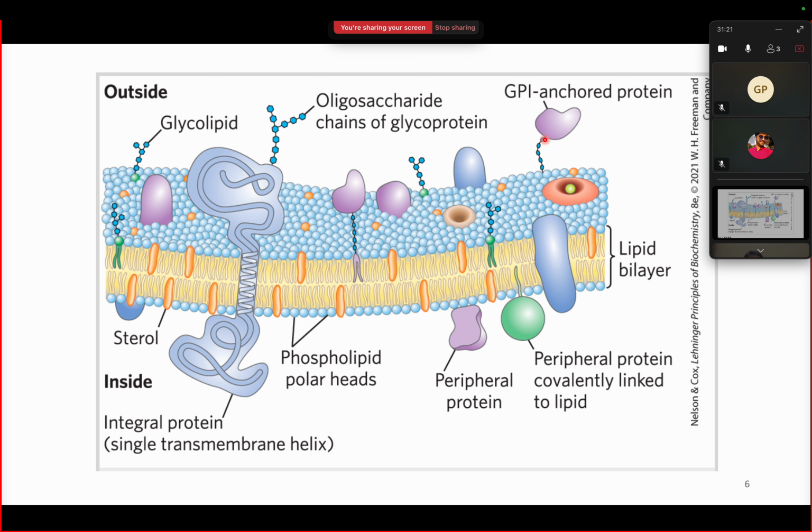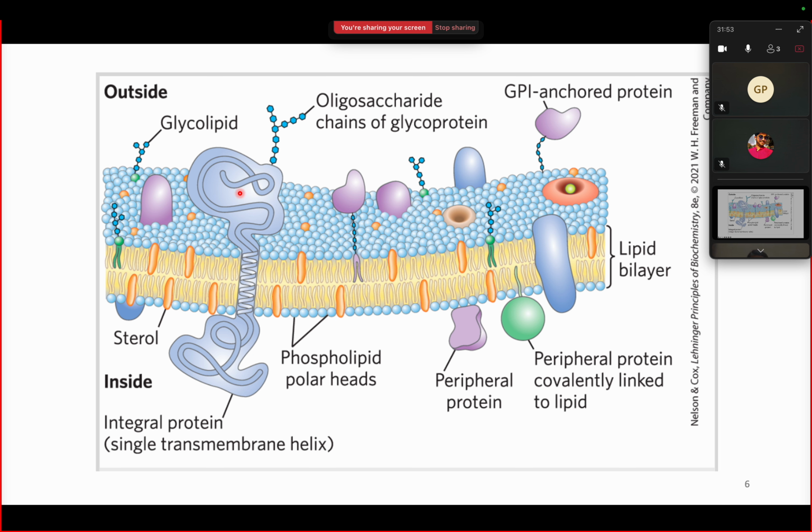Okay, this linker is called GPI. Then sterols, like cholesterols, are present in the membrane, and they provide the stability and rigidity to the cell membrane. As I have said, these blue ones are the phospholipid polar heads.